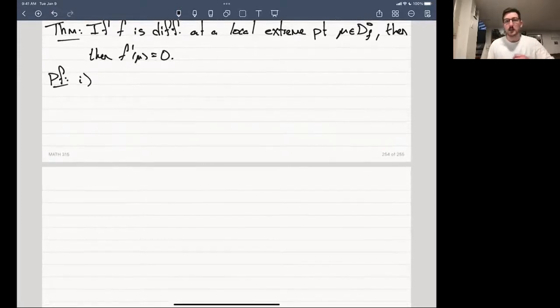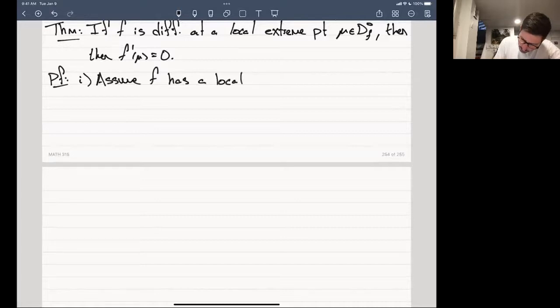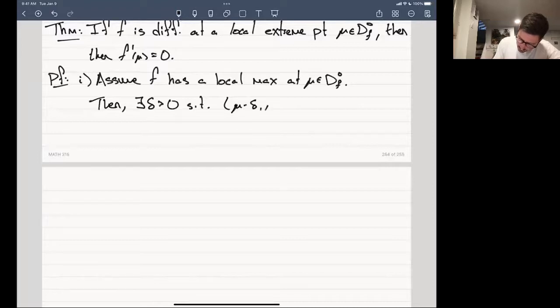So I'm going to break this into two cases. Let's assume f has a local max at mu. And again, this is in the interior of your function. Then there exists some delta greater than 0 such that, well, I can wiggle around near this interior point, and this still keeps me inside of the domain.